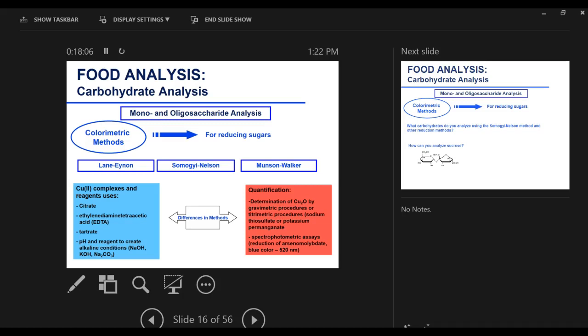What I want you to know is quantification can be either gravimetric, weighing the precipitate, or titration by sodium thiosulfate or potassium permanganate, or a spectrophotometric assay with an arsenomolybdate reagent, which is blue in color. It gets reduced by the cuprous formed from the sugar and gives you another color to be absorbed at 520.